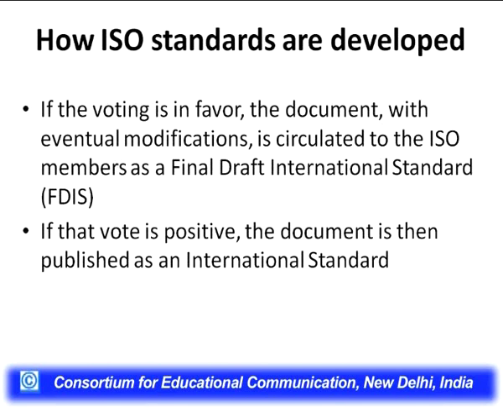If the voting is in favor, the document goes ahead with eventual modifications, if modifications are required. If modifications are required, they will be done, and afterwards it is circulated to the ISO members as a final draft international standard, also known as FDIS.